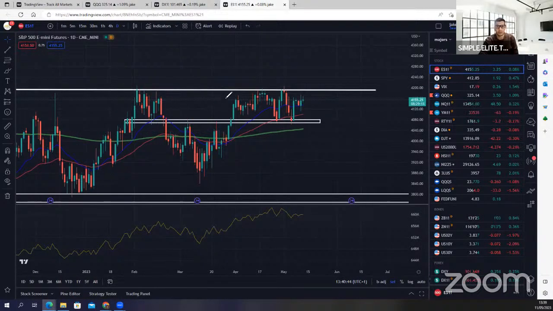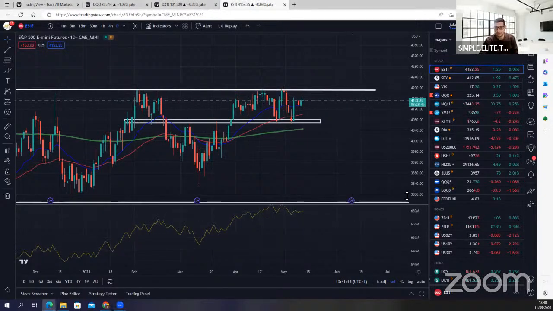So you see this range here, with a couple of weeks we are here, and the price is struggling to break this 4,200 level, which I think is more likely to go down, because the Eddy line is showing some weakness as well.